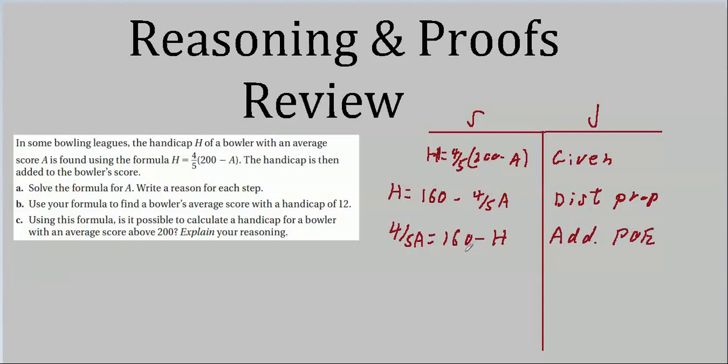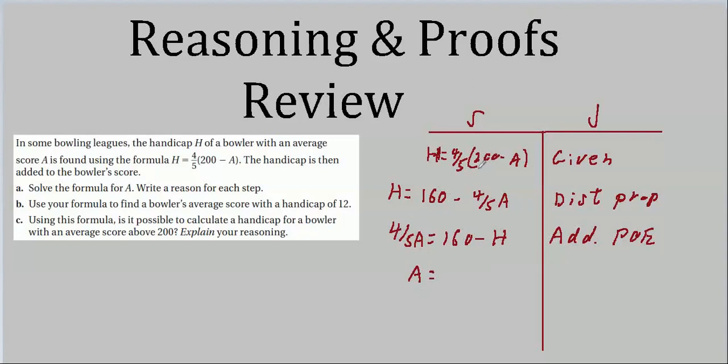One more thing to do. Multiply through by 5/4. That'll give us a. Now we could multiply through and put it back into this form with two separate terms.